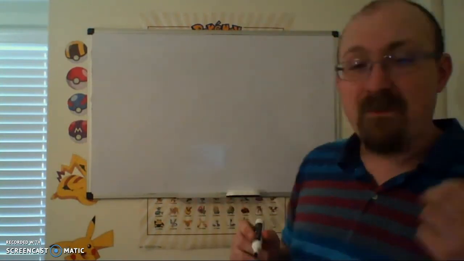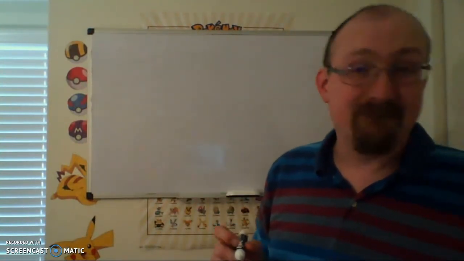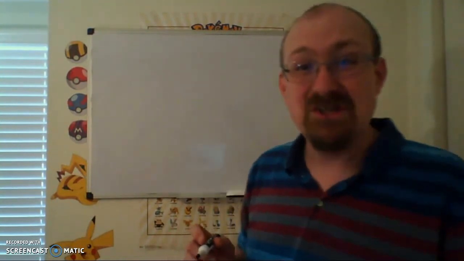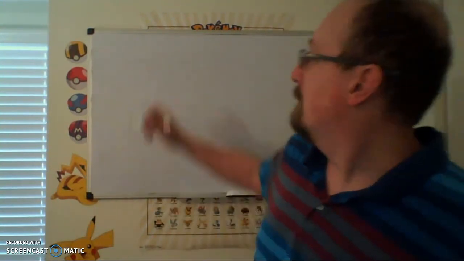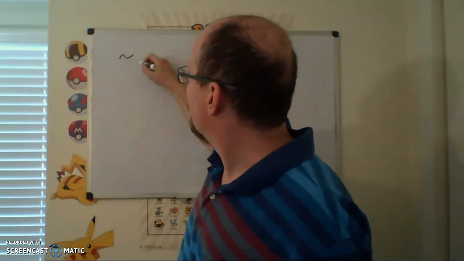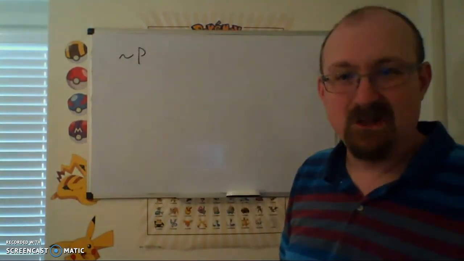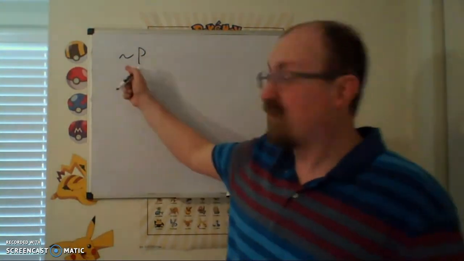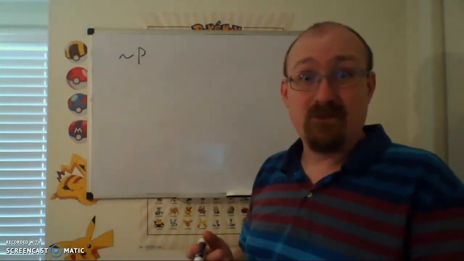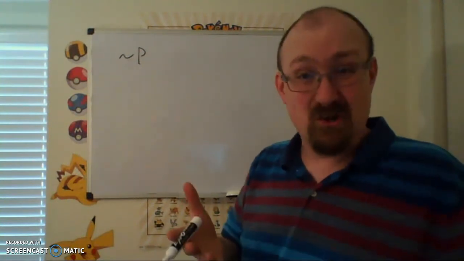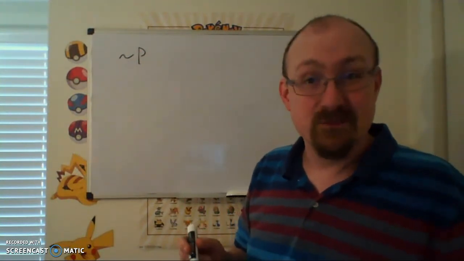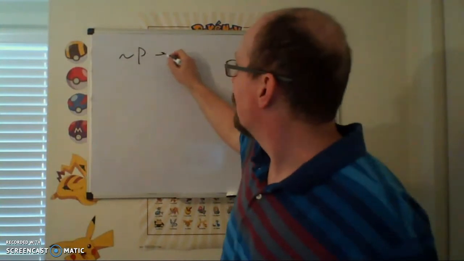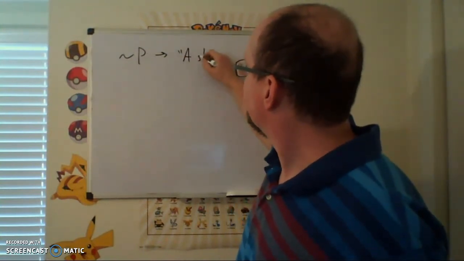So the first operation I want to take a look at, the first of those connectives, is what we call the negation of a statement. So I'll write it like that, a little twiddle. I usually call it twiddle, or you can use tilde. You can also just read this as not P. The most common way we would negate a statement, it's like a logical opposite. So it would make sense that introducing the word not into a sentence would work out.